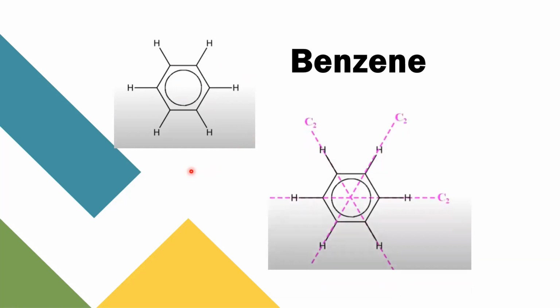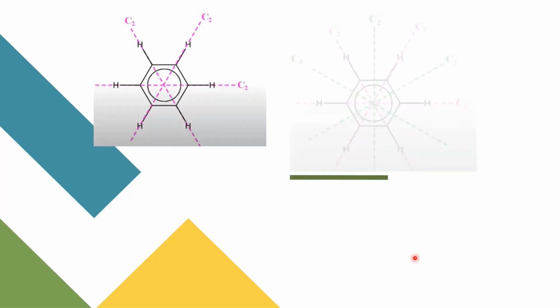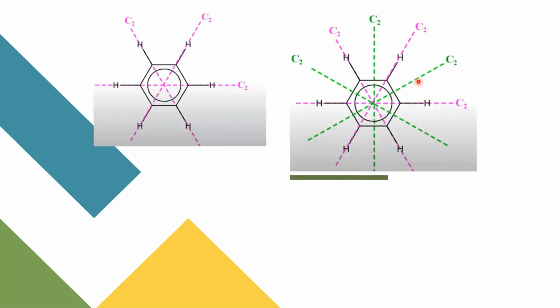Along the carbon-hydrogen bonds. It's not the bond, it's passing through these two opposite hydrogens, right? So along that we have one C2 axis. Similarly, there are three C2 axes in the benzene molecule, right? So in addition to that, this bond is bisected by another C2 axis.